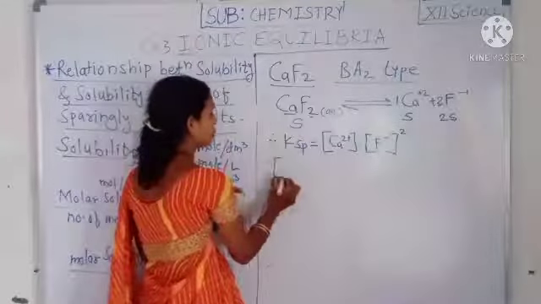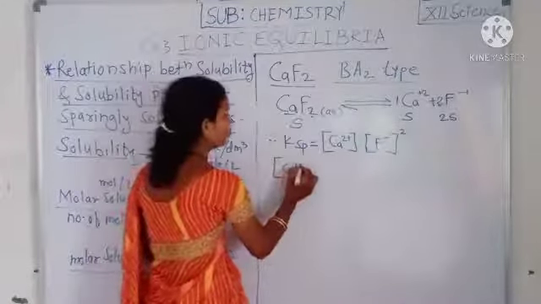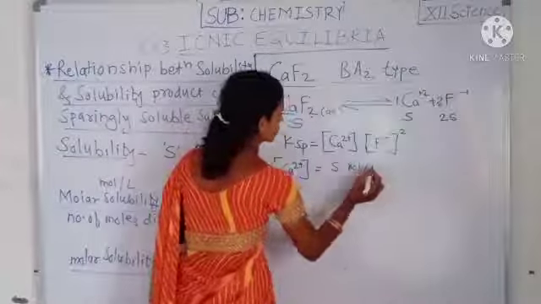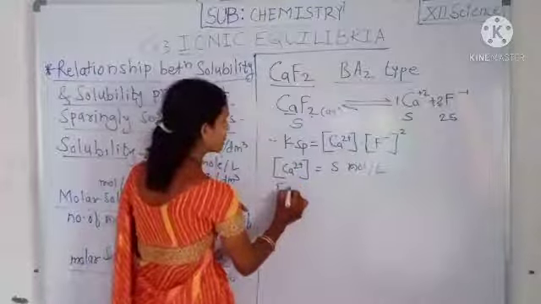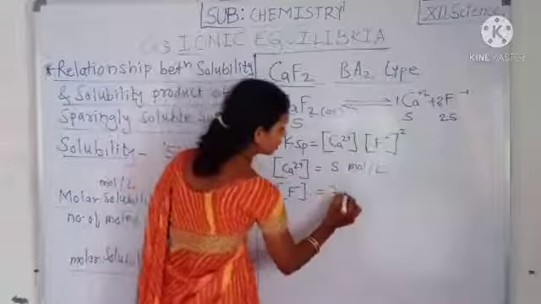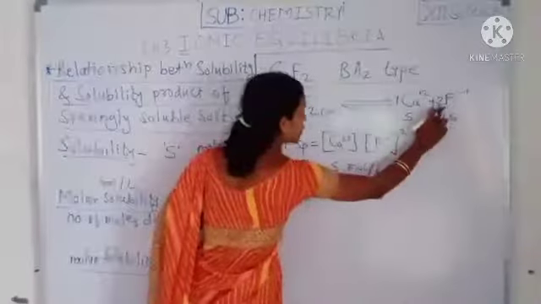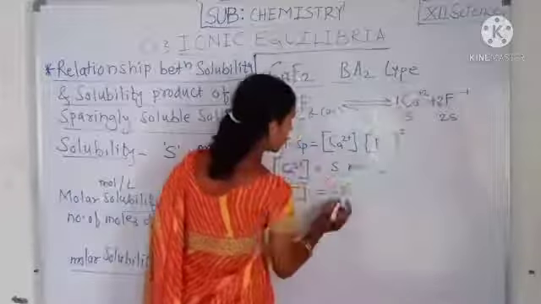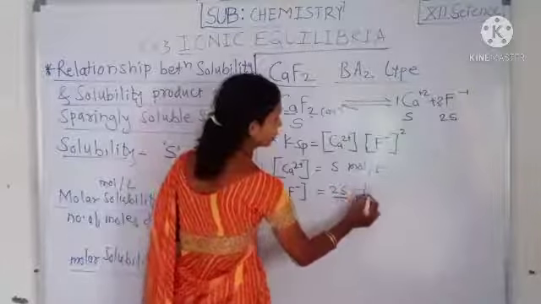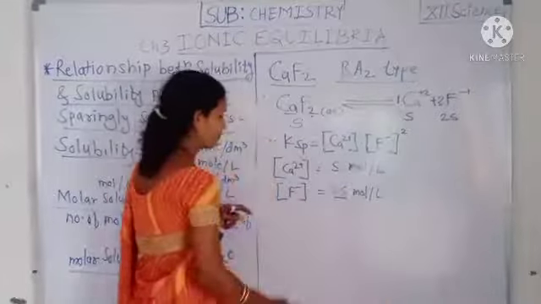Here the concentration of Ca2+ ion is S mole per liter and the concentration of F- ion is 2S, because there are 2 F, so the solubility of F- ion is 2S mole per liter.